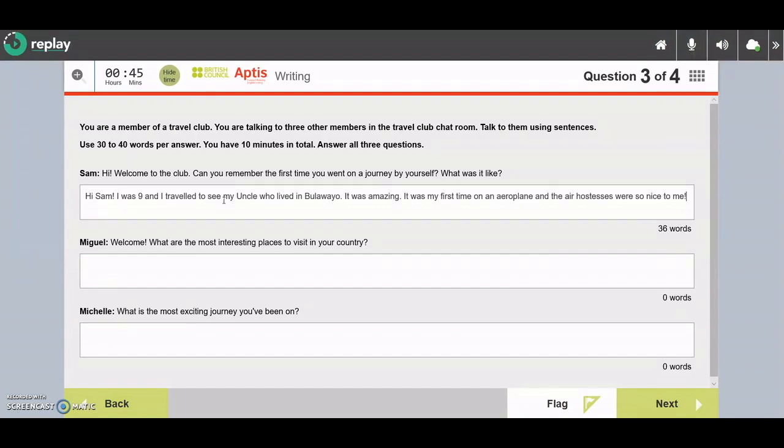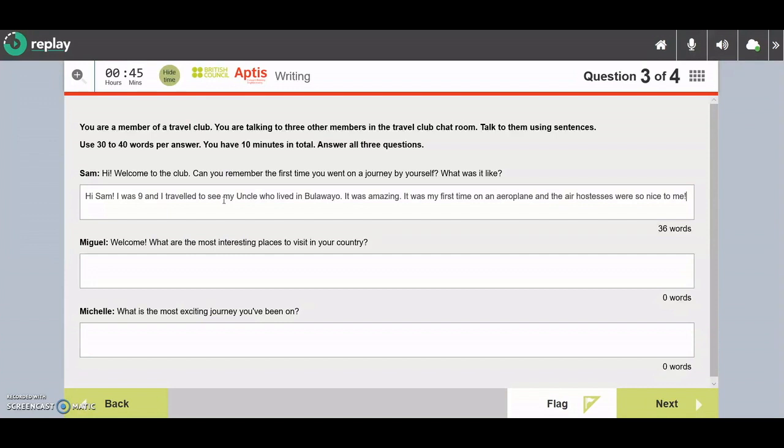It would be very easy to attempt to write more complex language, but the more complex language you utilize, the more likely it is that you will make a mistake. And since this is the general paper, we are not necessarily looking for really complex sentence structures. So it's always better to keep it nice and simple.